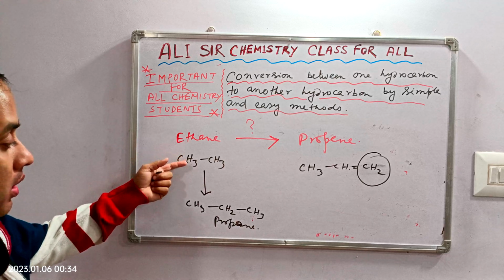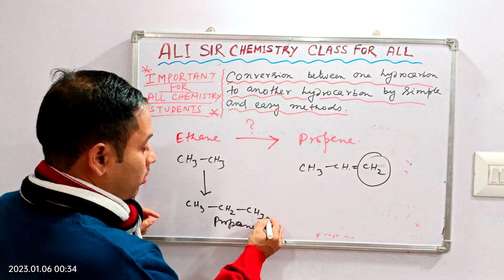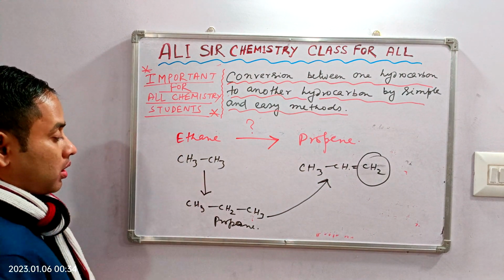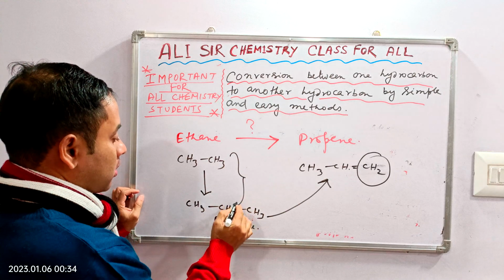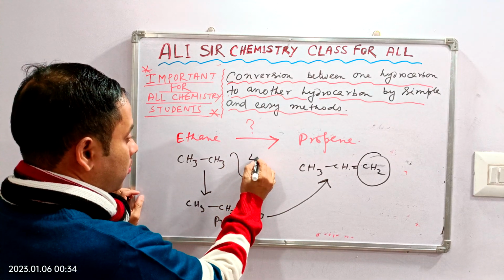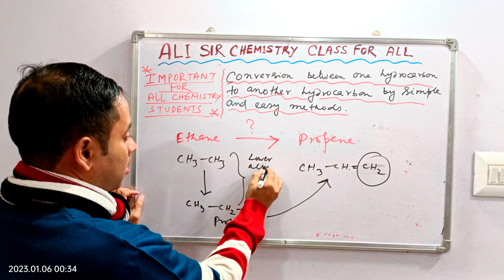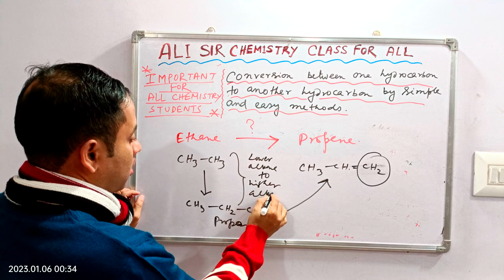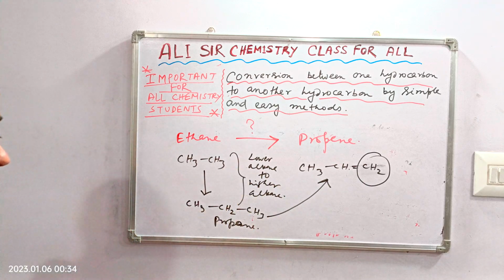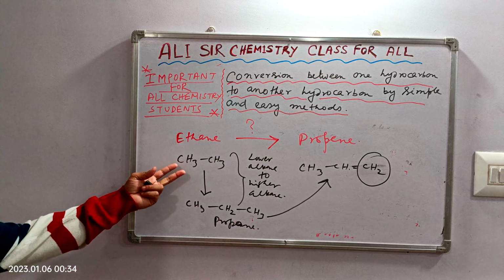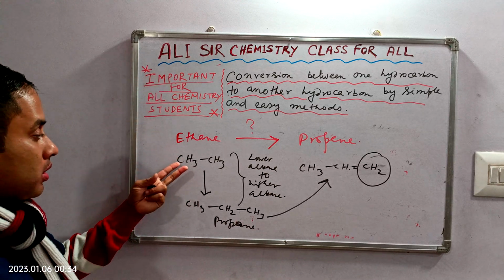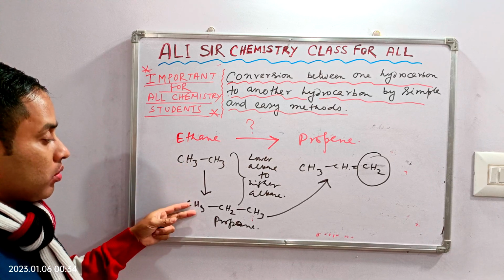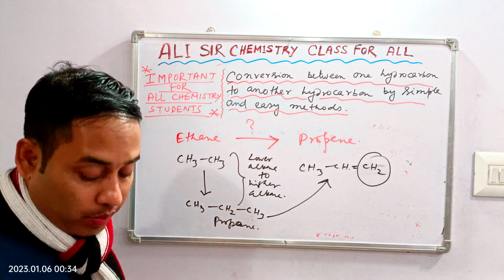If you convert this ethane to propane, then we move from propane to propene, which we have already done. This conversion is a type of conversion from lower alkane to higher alkane. We have already done the conversion of ethane to propane in previous examples. If you convert this, we can easily convert from propane to propene.